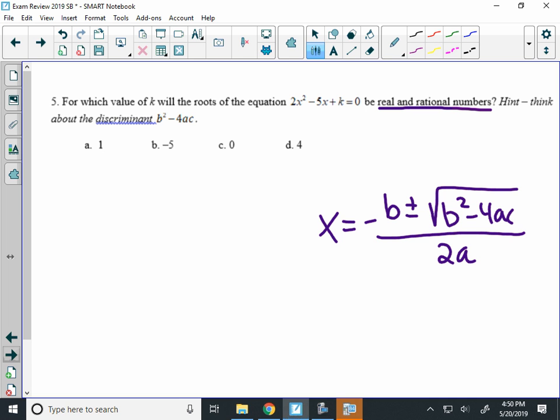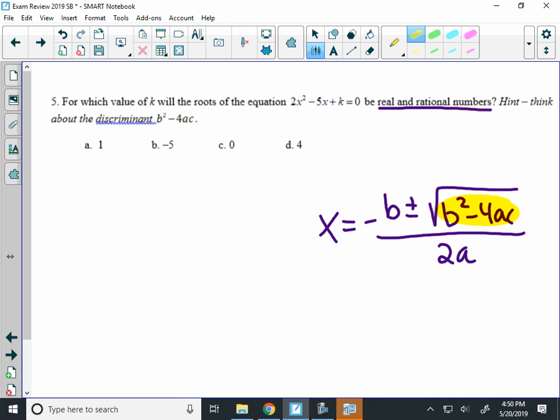And we learned a long time ago, way back in January, that the discriminant, the part under the radical here, is what tells us what kind of roots we had. We could be rational, we could be irrational, we could be imaginary, or there could be one rational.